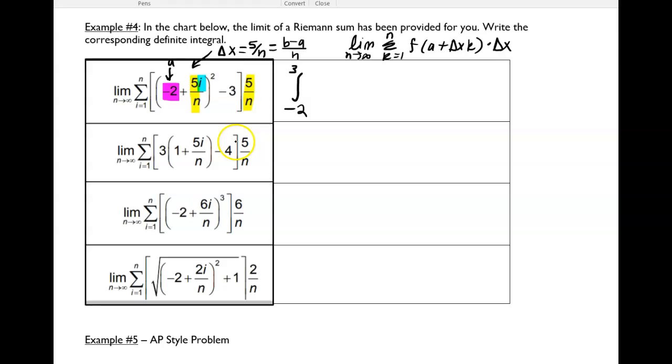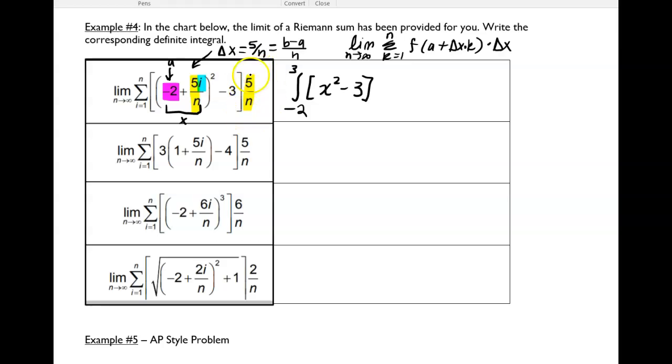Now I'm paying attention to my function. My function here is just x. This whole part is going to be my x. The i tells me that this part is going to be my x, but remember it's a plus delta x times k that's replacing your x. So my function is going to be x squared minus 3.